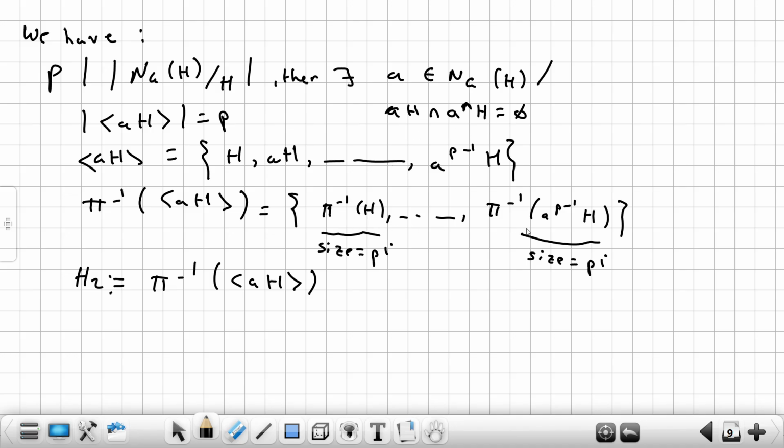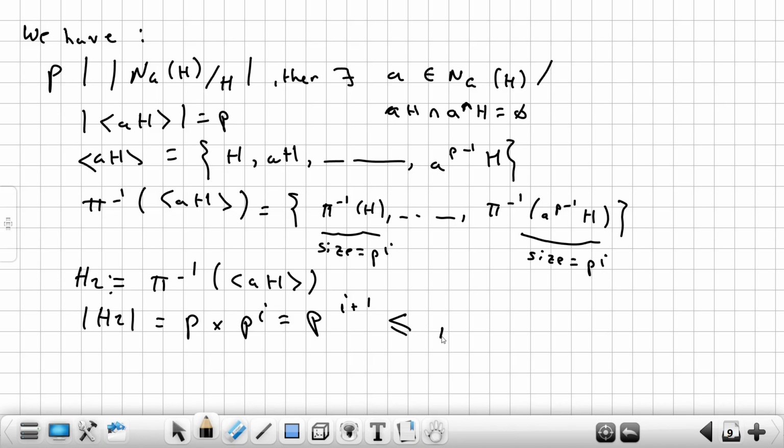These sets are all disjoint, each one of size p^i, and then the order of H2 is equal to the number of these sets multiplied by the size of each one, which is equal to p times p^i, equal p^(i+1).